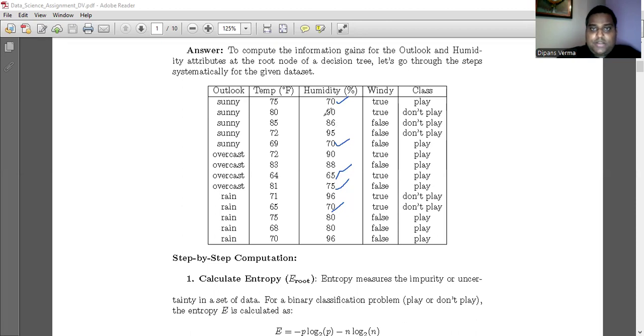If you are considering greater than 75, these are the ones greater than 75: 1, 2, 3, 4, 5, 6, 7, 8, and 9, right? I hope everybody is getting clear. So basically, what is going to happen in this scenario?